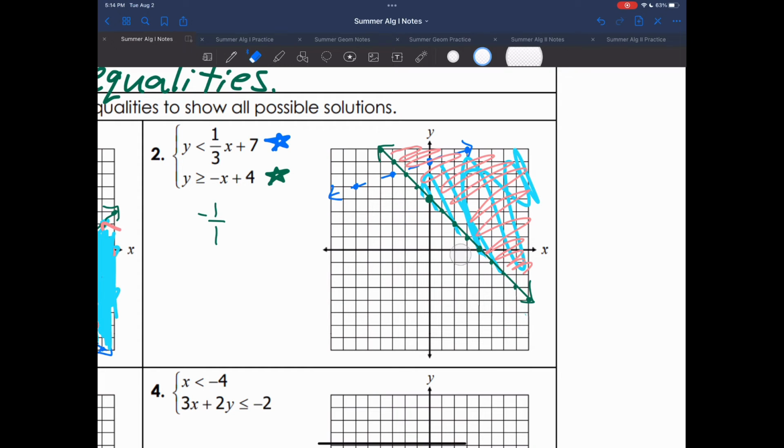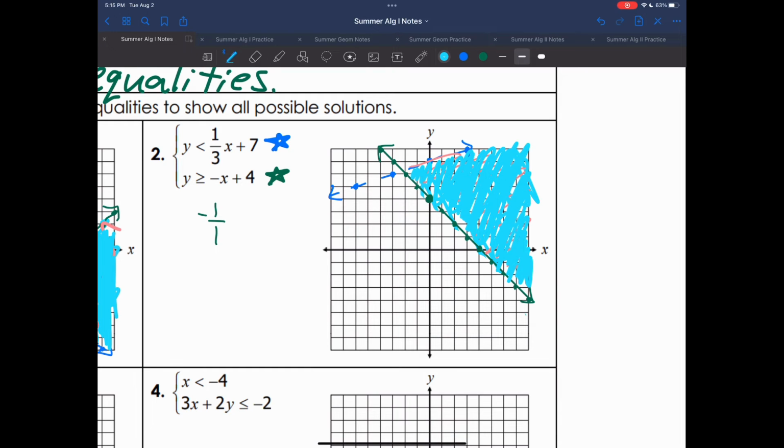Really don't want any of it on this side. Okay, it's probably the best I can do. And I know I don't want any of this pink line up here because there's no blue in this. So I'd get rid of all of it. Okay, that's probably good enough. And then I would just darken your area so it's clear. And this whole shaded area represents our solution set to the inequality.